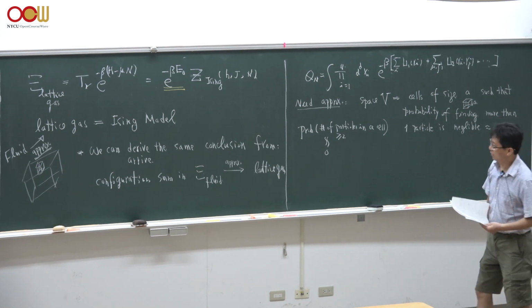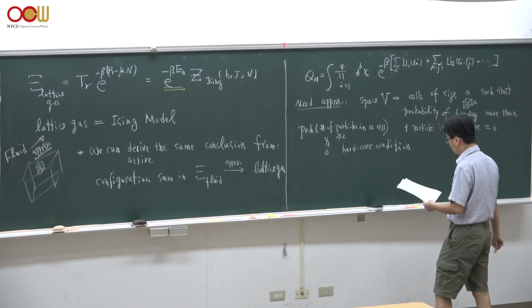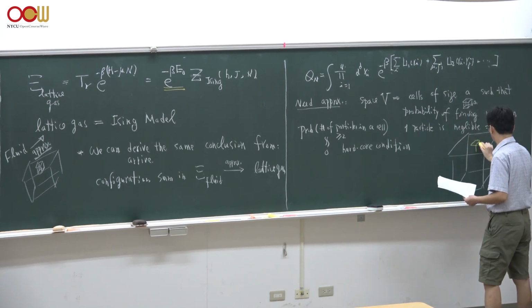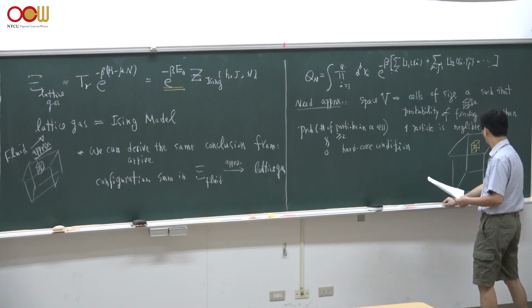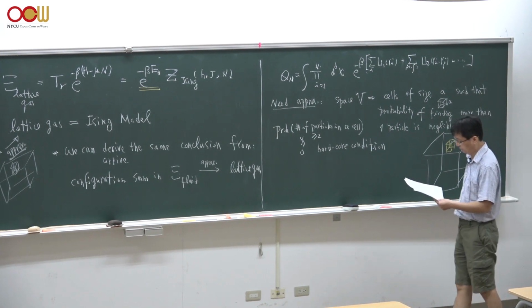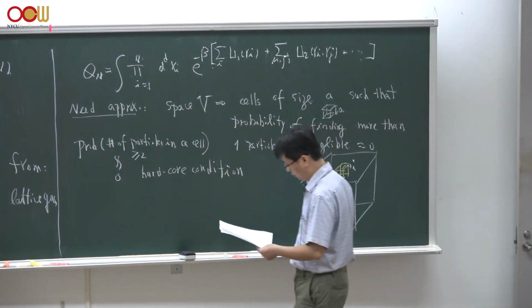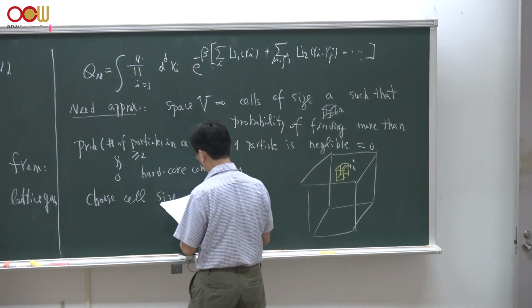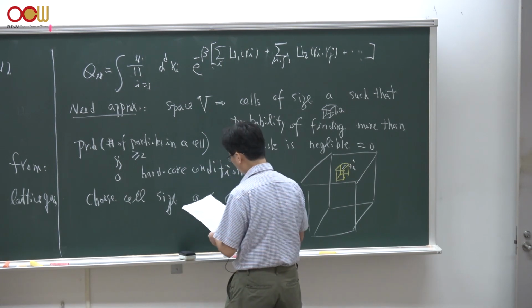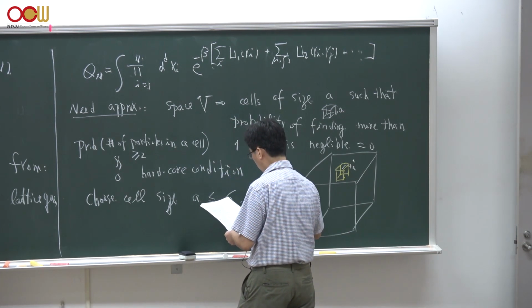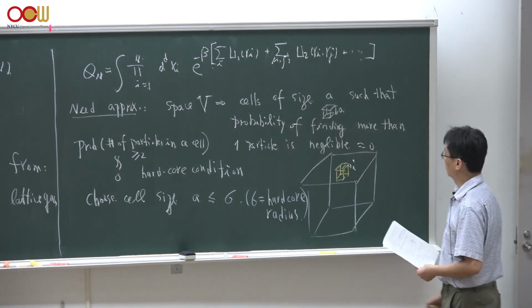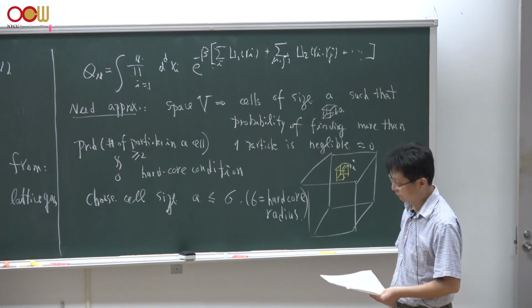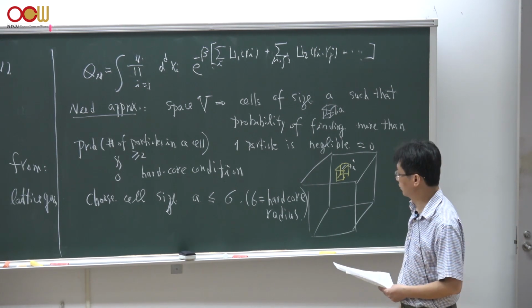So this is some kind of hardcore condition. And we could again equally partition the volume into n such unit cells, and within each unit cell, there is at most one particle. So we can choose the cell size a to be less than or equal to some radius, which I call sigma, where sigma is the hardcore radius. And the purpose of making such an approximation is to simplify the calculation of the partition function of a fluid.